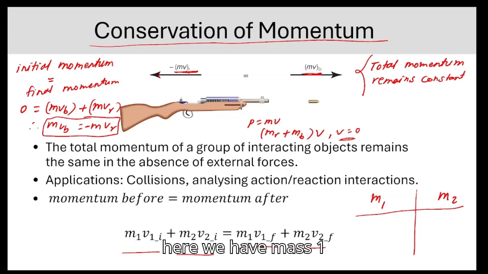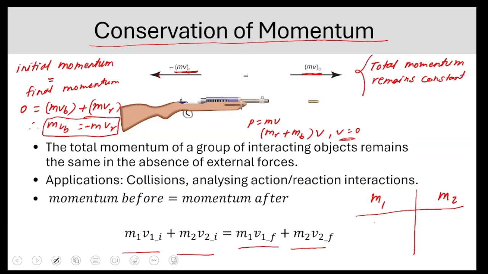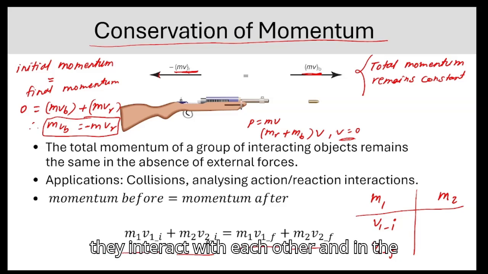Here mass 1 was initially moving at initial velocity of v1i, and mass 1 will move at final velocity v1f after they collide with each other, after they interact with each other.